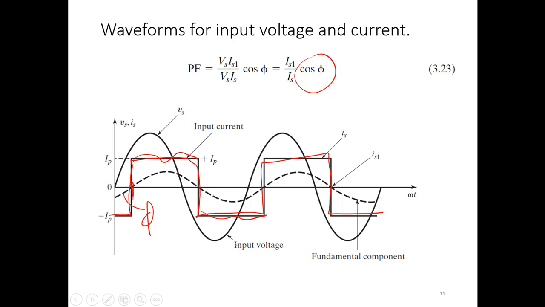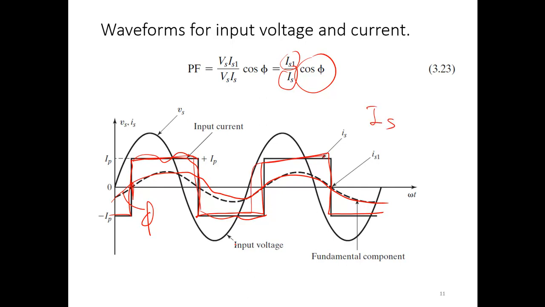Now how do you find the power factor? In this particular case, it will depend on the fundamental component of the input current, which you get if you do the Fourier series of it, divided by the RMS of the current. What is the RMS value of the square wave?